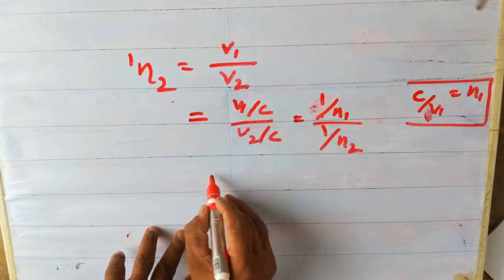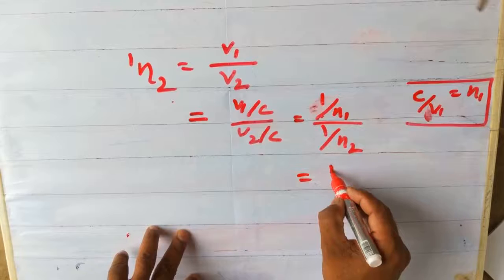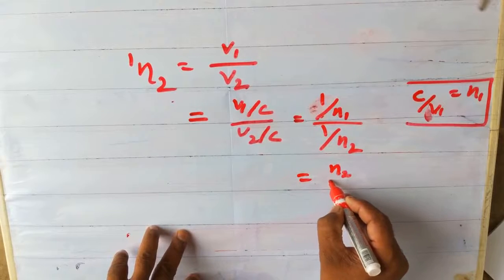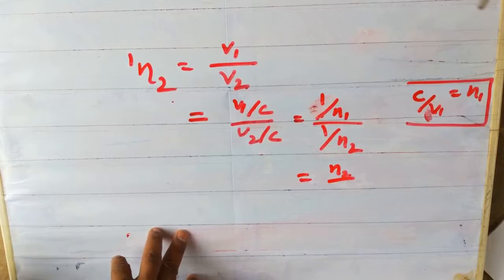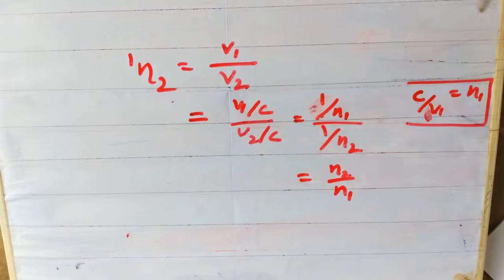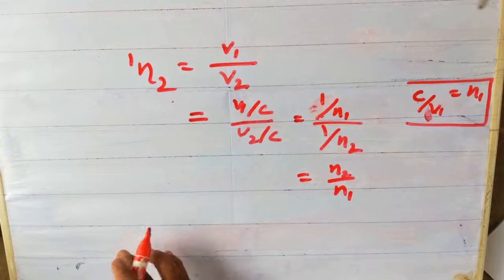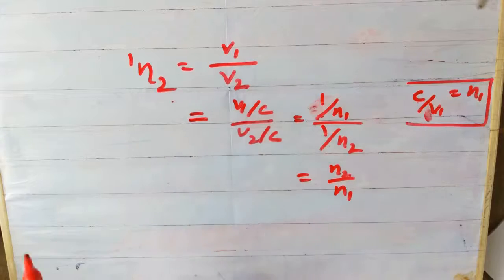So can I simplify this as the refractive index of the second medium by the refractive index of the first medium? I mean to say the refractive index of a medium with respect to another medium can also be defined as the ratio between the refractive index of the second medium to the refractive index of the first medium.